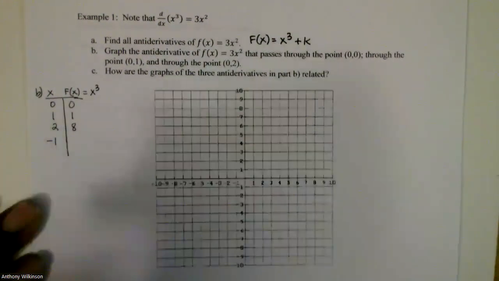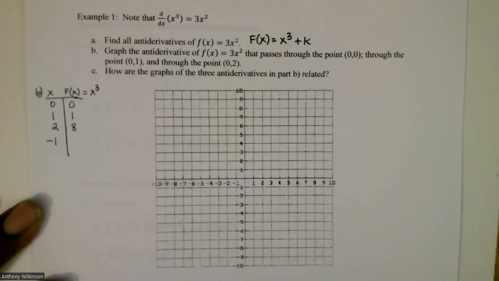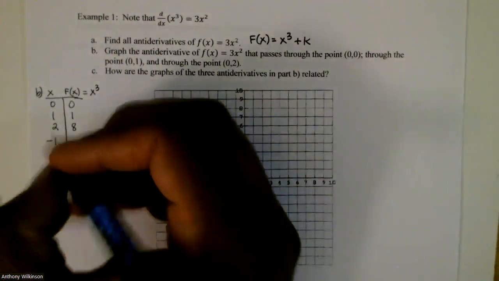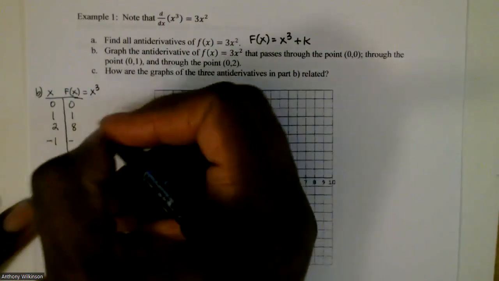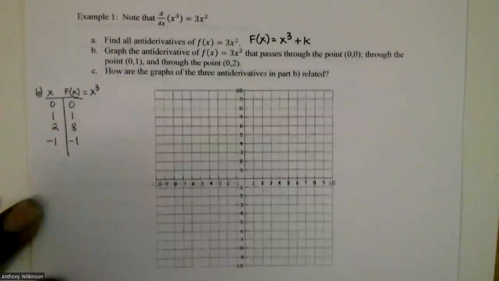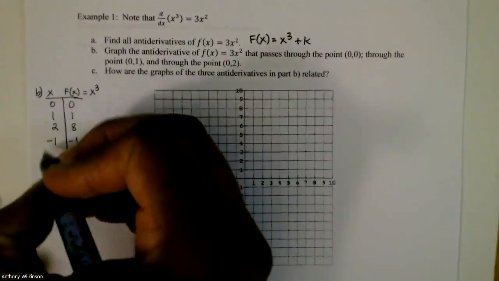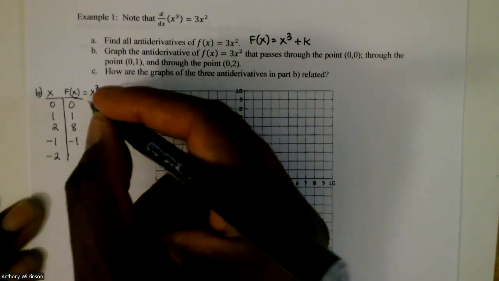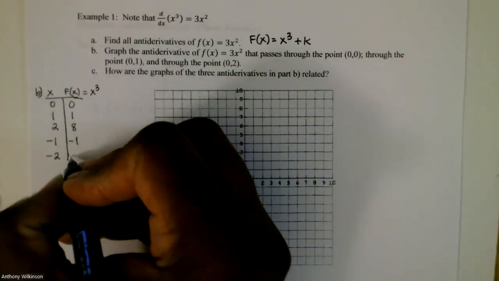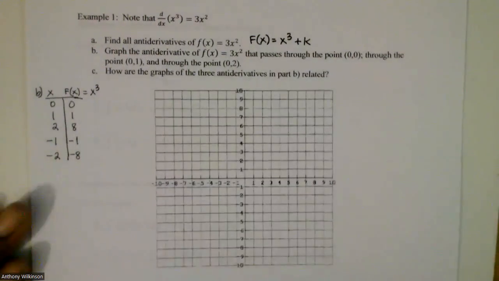Now for negative 1, a negative to an odd power will have to be negative. So negative 1 to the third will be negative 1 times negative 1 times negative 1, which is negative 1. And then for negative 2, that's negative 2 times negative 2 times negative 2, or negative 8.